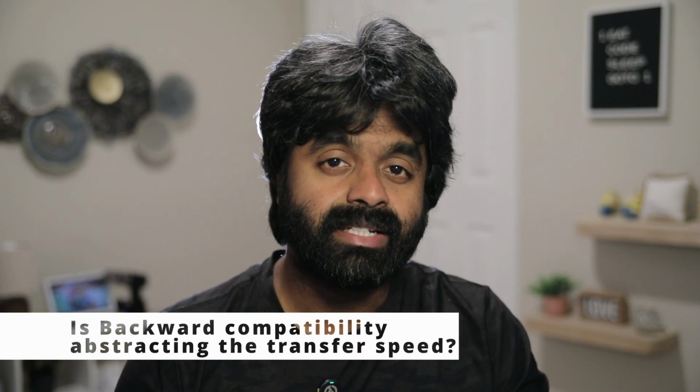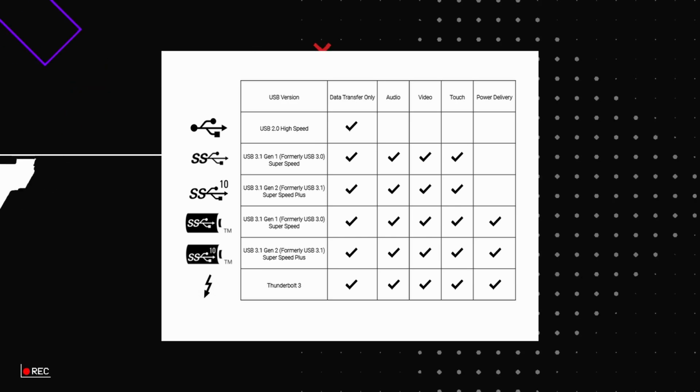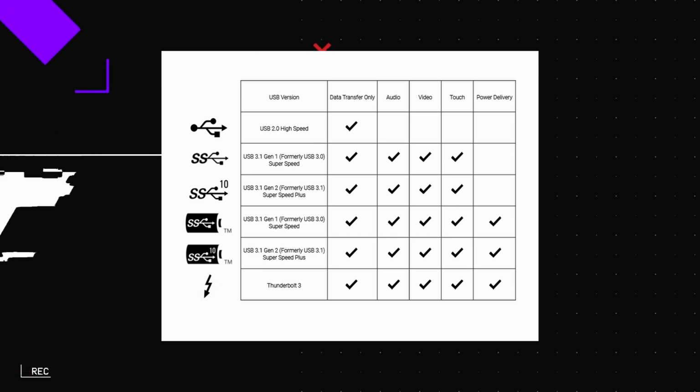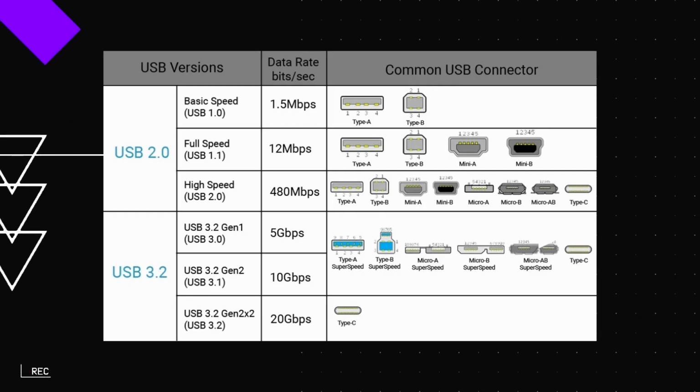This is where it gets a little tricky, because the end consumer might not understand the actual versions, and which version is compatible with what type of cable and port. That's where a cool feature comes in: the newer versions of USB are backward compatible with the older versions. That's the only reason that when we connect a device to a USB peripheral, we do not have to check whether the versions are compatible with the device we're connecting to.